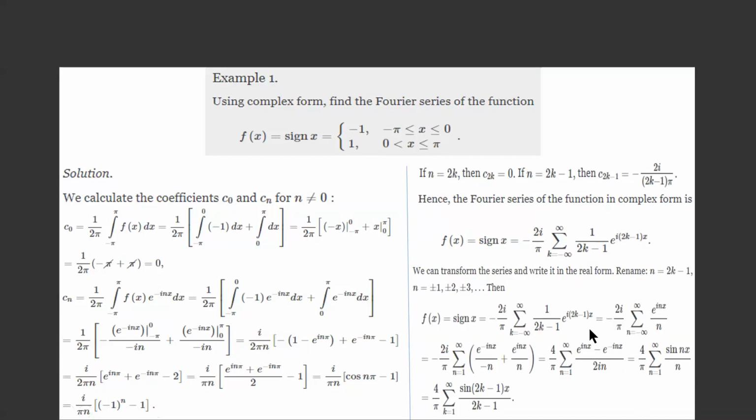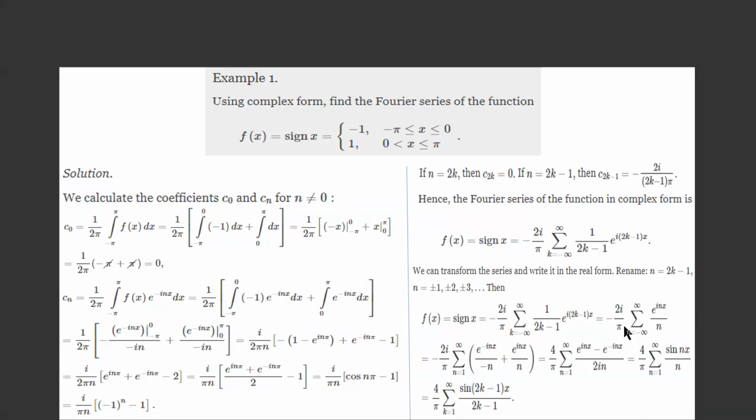So what I'm doing here is I take this one outside. This one I change into n instead of 2k minus 1 over n, and I split it into two sums, instead of from minus infinity to infinity: from minus infinity to minus 1, and from 1 to infinity. I have it only from 1 to infinity.